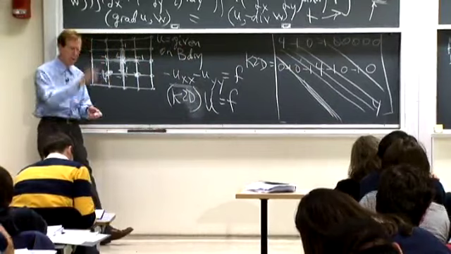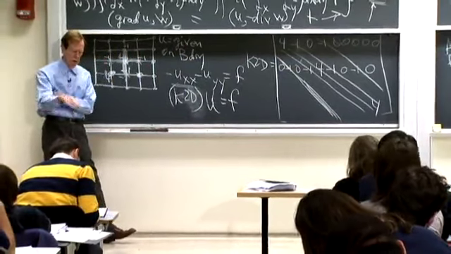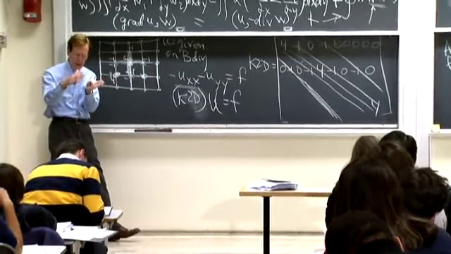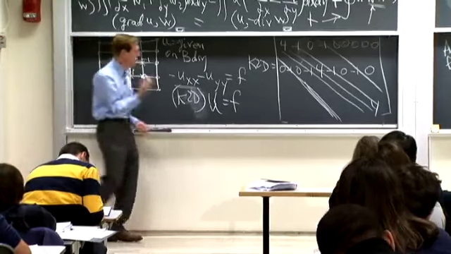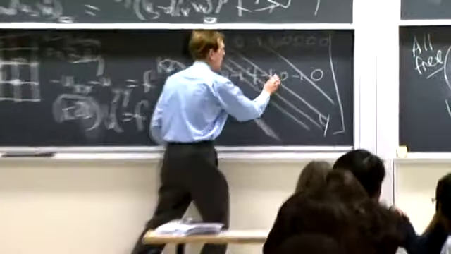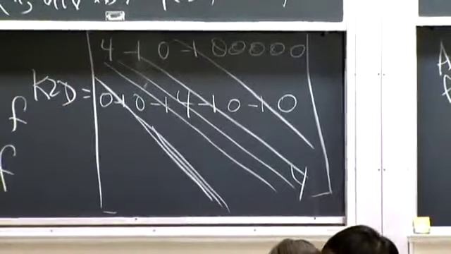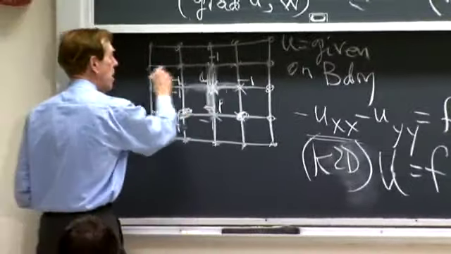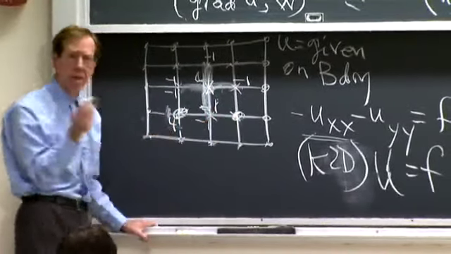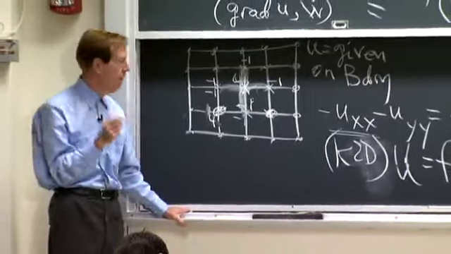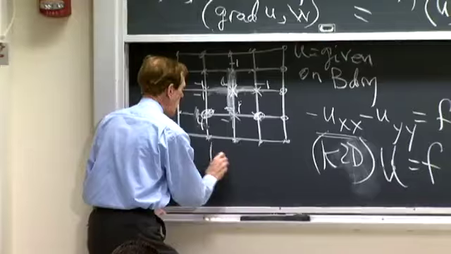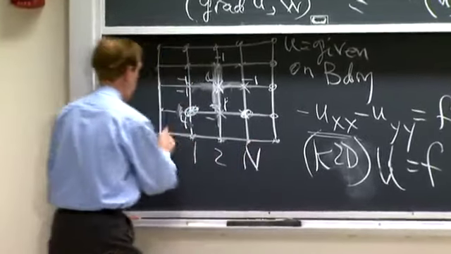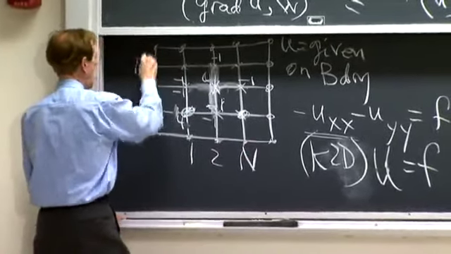The big but is that it's not a band of just 5, because you don't get to the one above until you've gone all the way. You see the bandwidth is big.